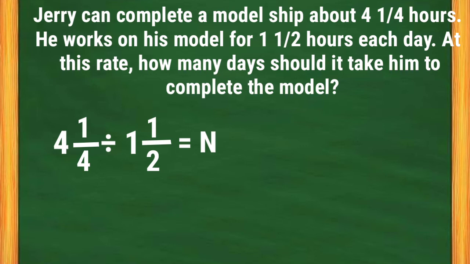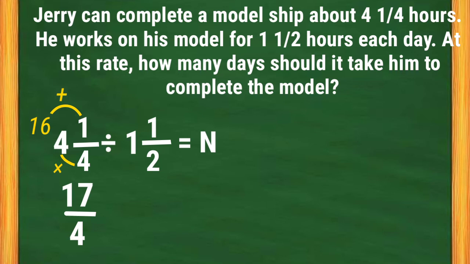So the two terms are mixed numbers. So we need to change the mixed numbers into improper fractions. That is step number 1, which is change. So let's take the first mixed number, 4 and 1/4. 4 times 4 is 16. 16 plus 1 is 17. Copy the denominator, which is 4.